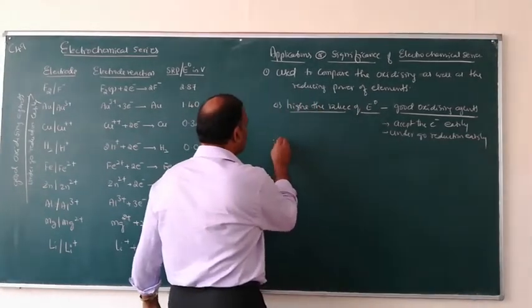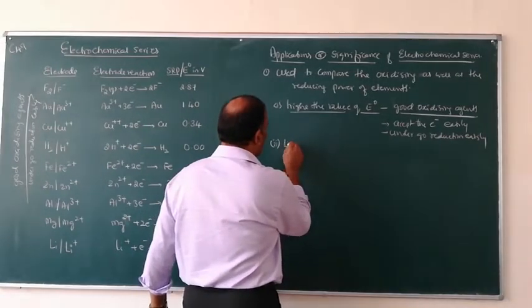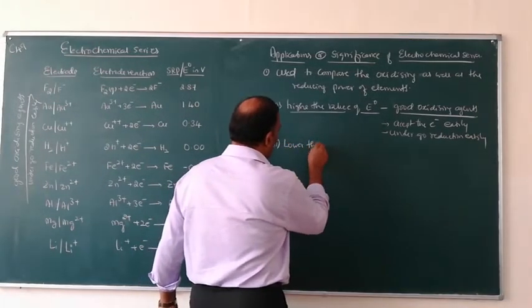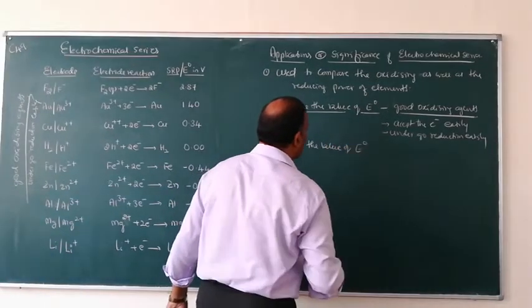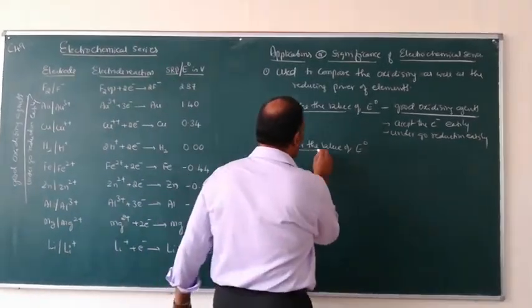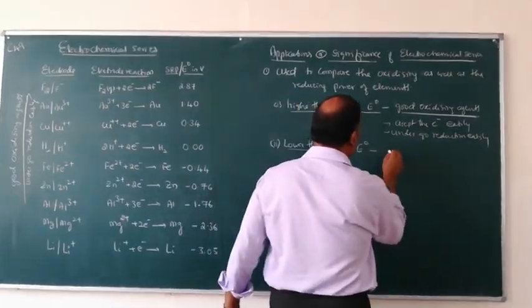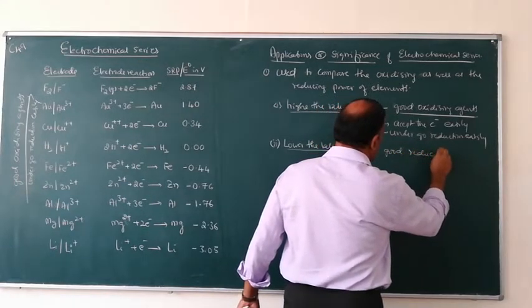Number 2, lower the value of E naught, that is reduction potential, they are good reducing agents.